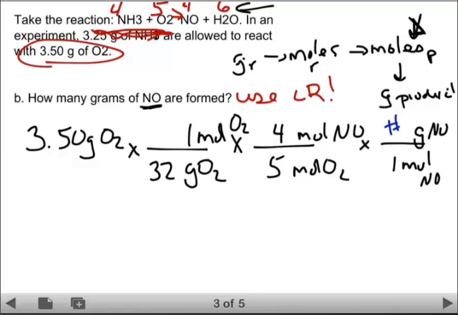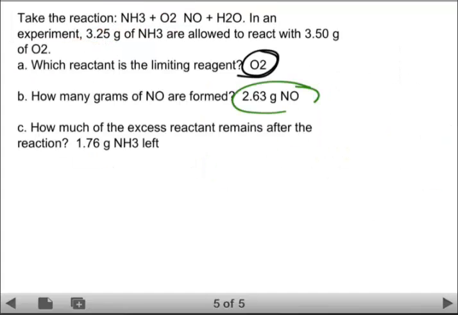If you do that math, you'll end up with grams of NO because all of these other units, grams O2, moles O2, moles O2, moles NO, will all cross out, and you're left with grams of NO. For this problem, the grams of NO should be 2.63 grams of NO. If you don't get that, then you should definitely see me sometime before your test or shoot me an email.